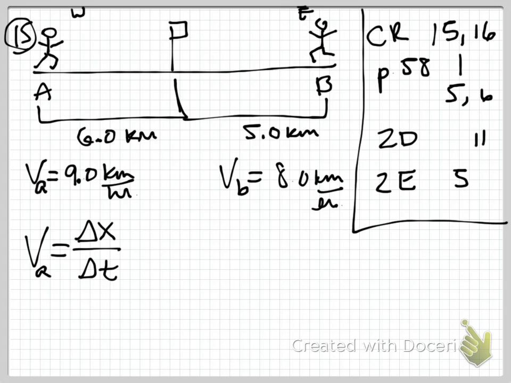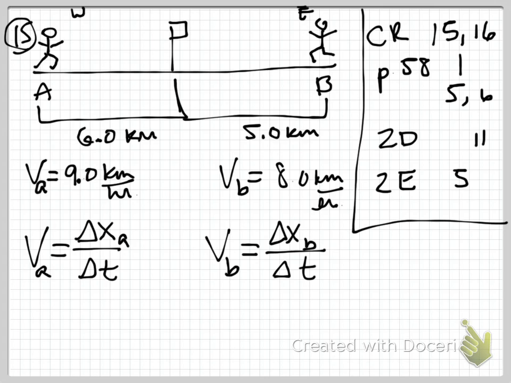The velocity of A is equal to the distance that A travels divided by the time it takes them to do it, and the velocity of B is equal to the displacement of B divided by the time. So that's one of the things we know.